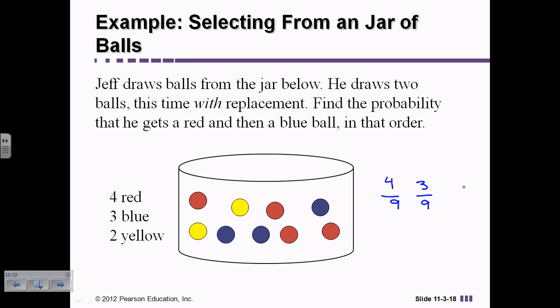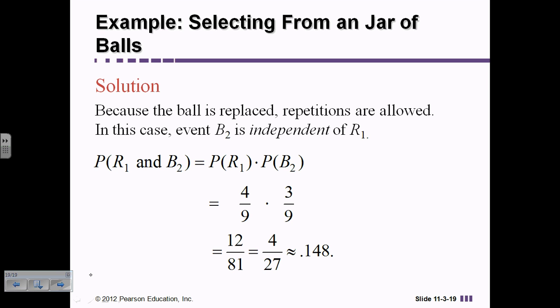The probability of drawing a yellow ball would be 2 out of 9. I want to know the probability of drawing a red one and then a blue one. The probability of the red ball is 4/9, the probability of the blue ball is 3/9, which is 12 over 81, which is 4 over 27, which is 0.148.